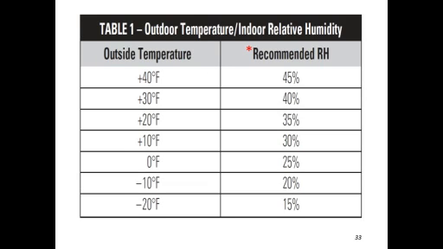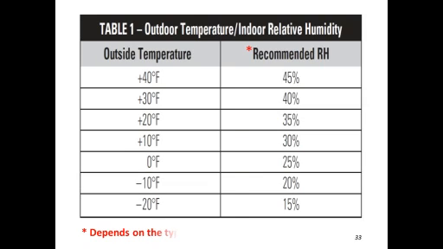And that's because as the outside temperature goes down, your building materials, such as the temperature inside of your walls, your glass temperature, all of those things that are exposed to those cold outside temperatures have their temperature go down. So as the temperature of glass, for instance, goes down, you need to have a lower relative humidity so you don't condense moisture on those windows and condense moisture within your walls or cold ceilings.